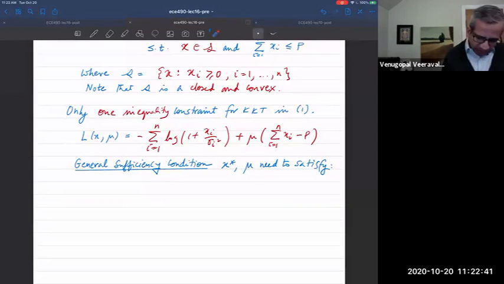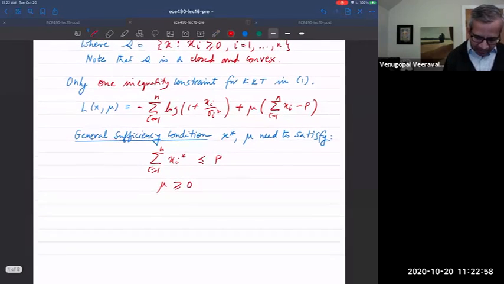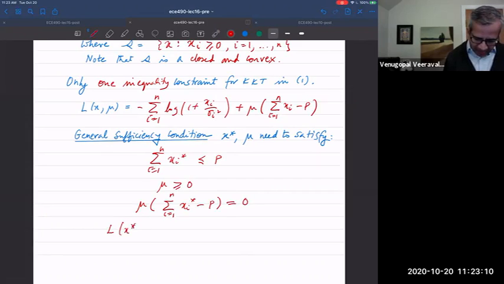We need to satisfy the feasibility: the sum over i equal to 1 to n of xi star is less than or equal to p. We need mu to be non-negative. We need the complementary slackness: mu times the sum over i equal to 1 to n of xi star minus p equal to 0. And then we need x star to minimize the Lagrangian over S.